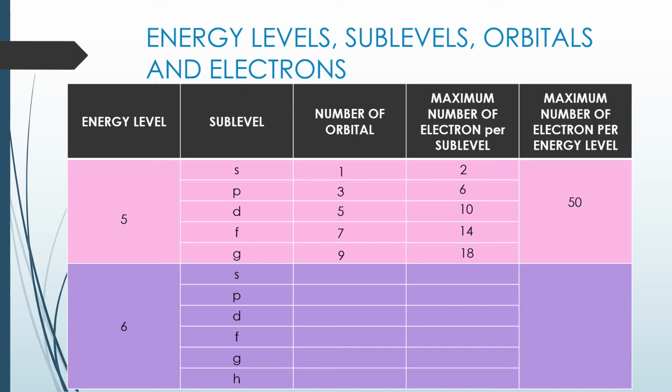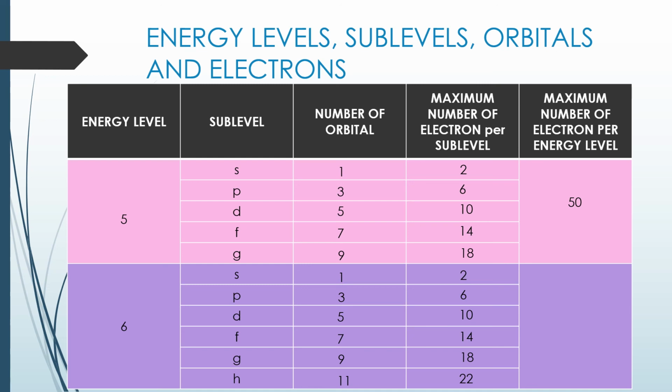For the sixth energy level, S has 1 orbital or 2 electrons, P has 3 orbitals or 6 electrons, D 5 orbitals or maximum of 10, F 7 orbitals or maximum of 14, G has 9 orbitals or 18 electrons, and H has 11 orbitals or a maximum of 22 electrons.